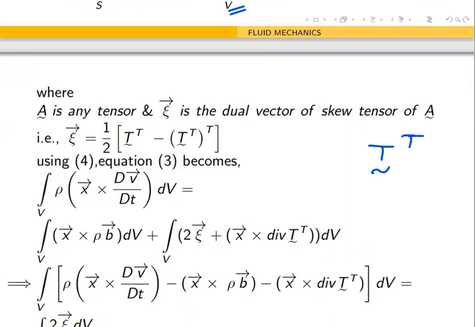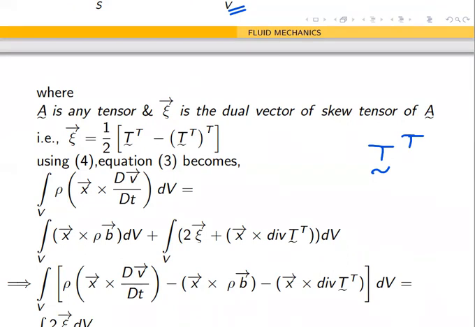So xi equal to half, right, T transpose minus T transpose transpose. What is T transpose transpose? Itself, right. So we are getting xi is equal to half T transpose minus T.